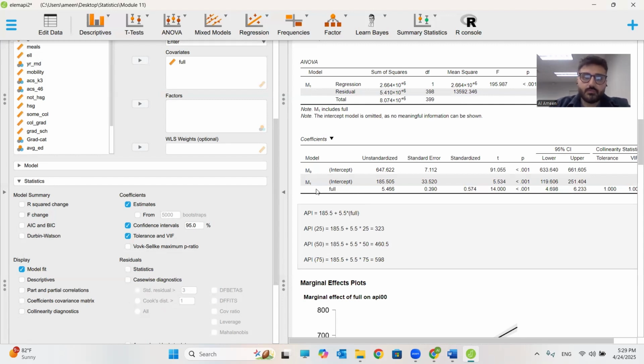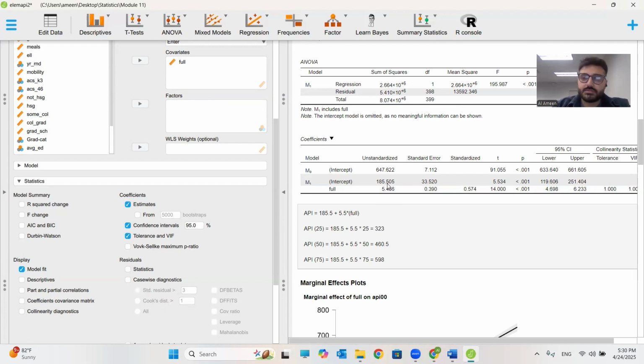But once we start incorporating full as a covariate, the intercept is giving me a value of 185.5 for the API, which is telling me that if I have a full value of 0, basically a school with no teacher having any teaching credentials, probably the API for that school is going to be very low. So the mean API for a school with 0 teaching credentials is going to be 185.